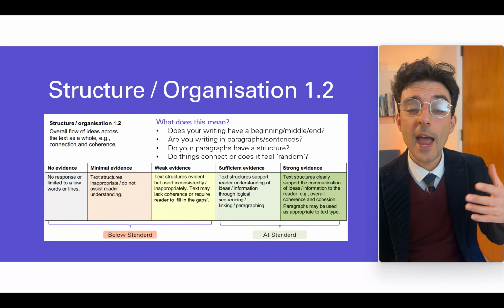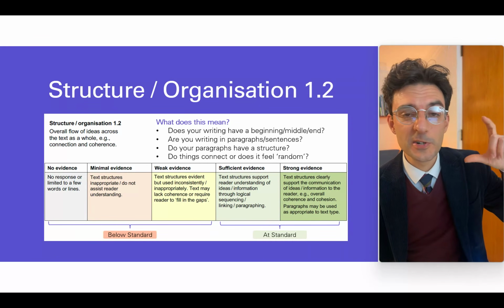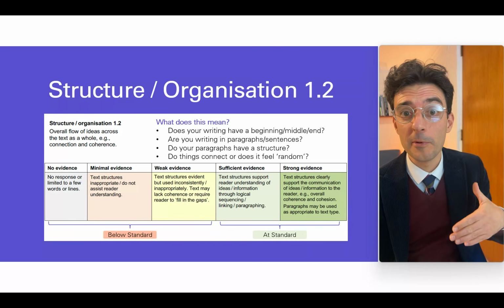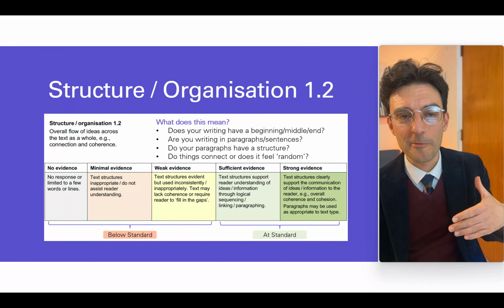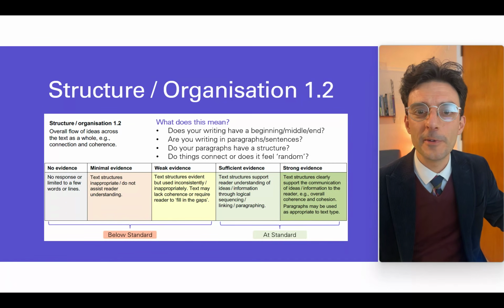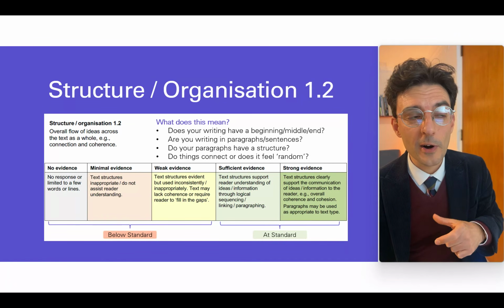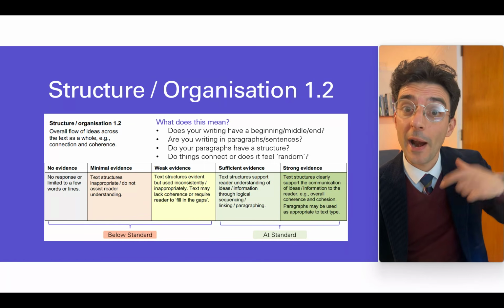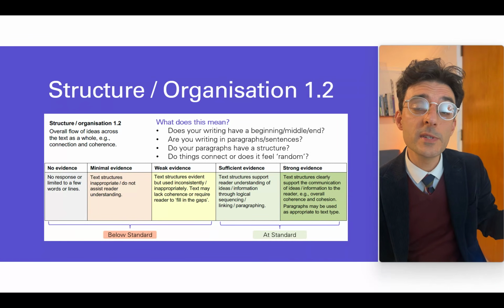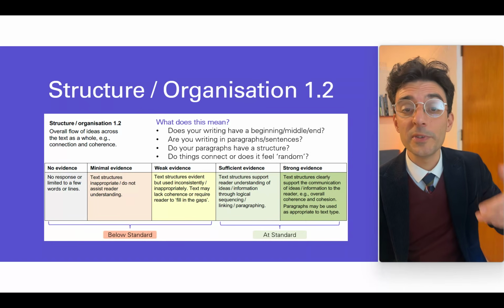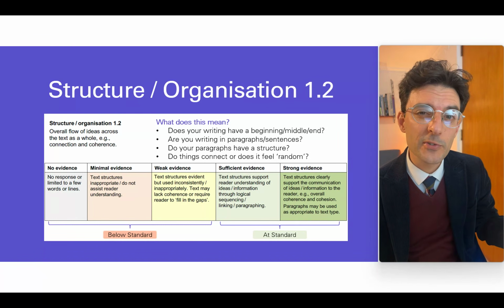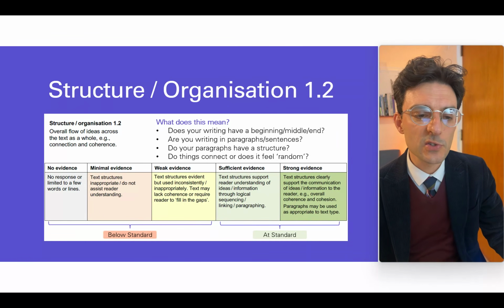If you're writing in paragraphs, which is great, because if you're just writing a massive blob of text with no paragraphing, you're probably going to find yourself in that light red or yellow box here. But if you're writing in paragraphs, the next question is, do your paragraphs have structure? Are you using something like PEEL or TEAL or whatever paragraph structure your teacher has taught you at school?